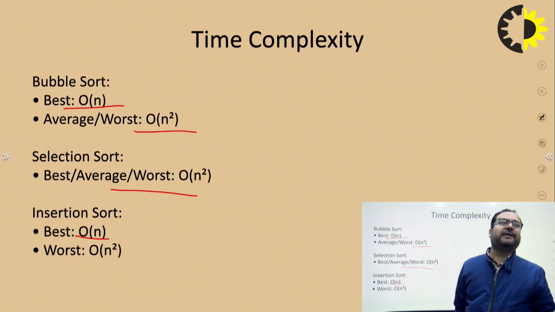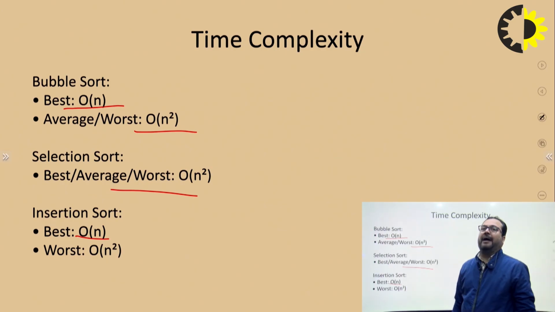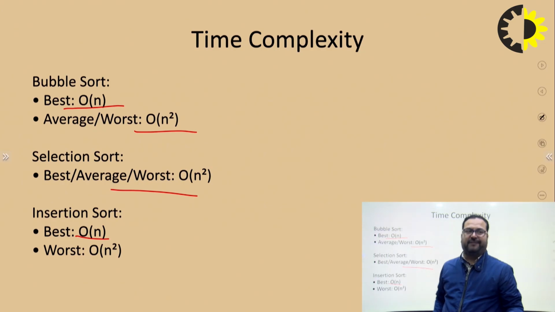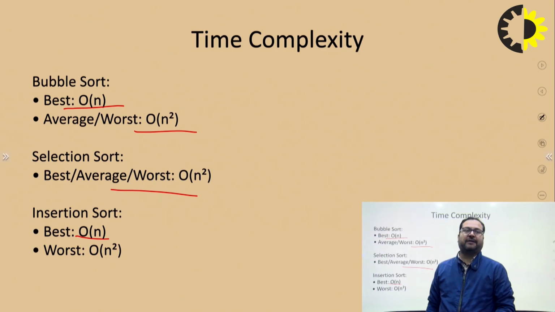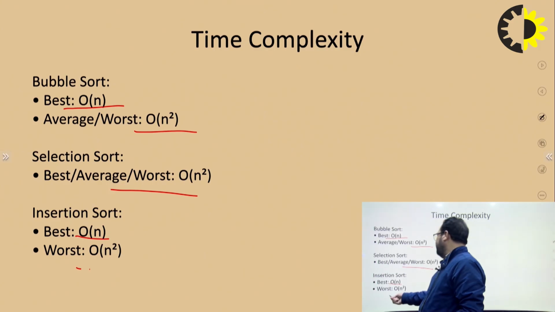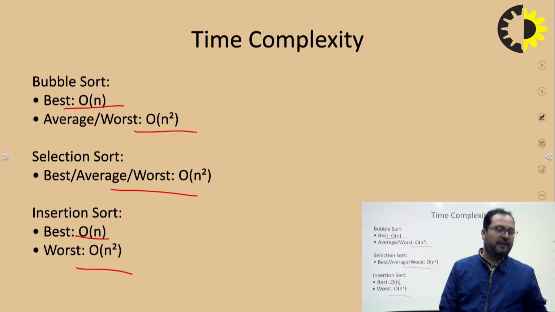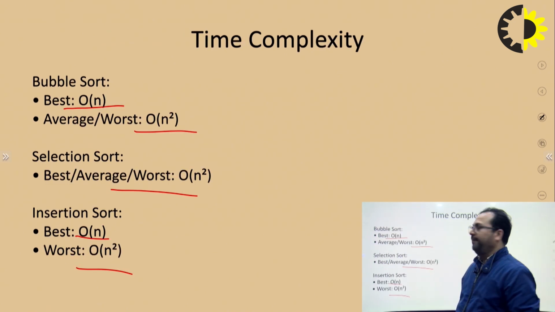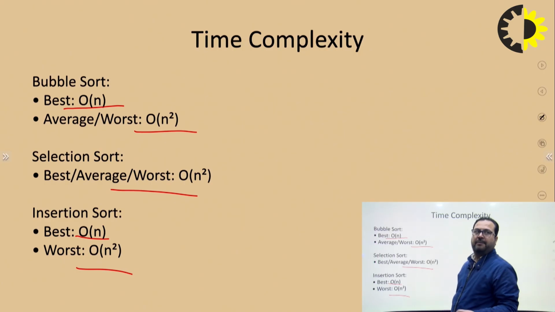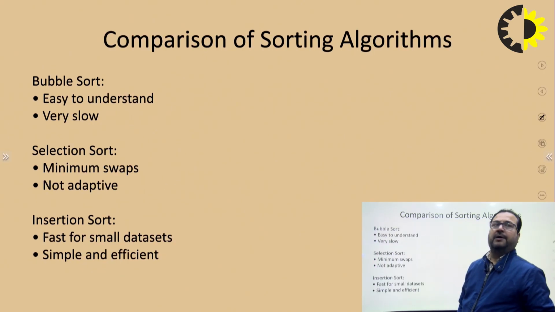When it is already sorted, there will be no positions to be shifted. They will just stay intact, and so the time complexity will be order of n. While in the worst case, it will also take order of n square. So this is the time complexity of each algorithm, especially bubble, selection and insertion sort.